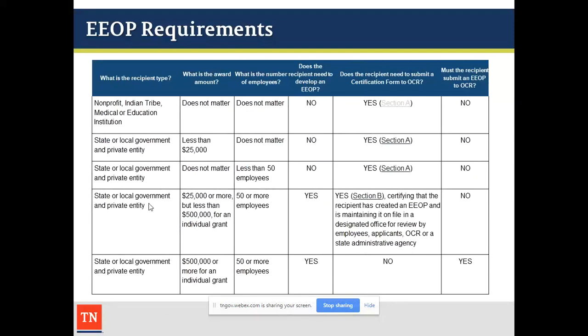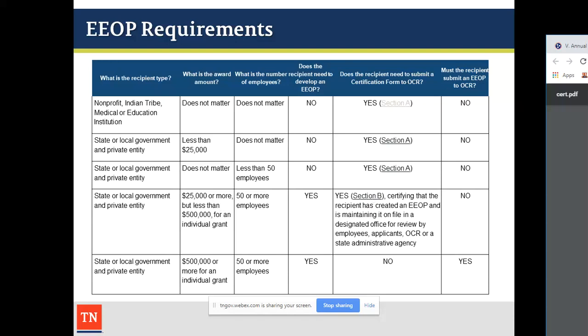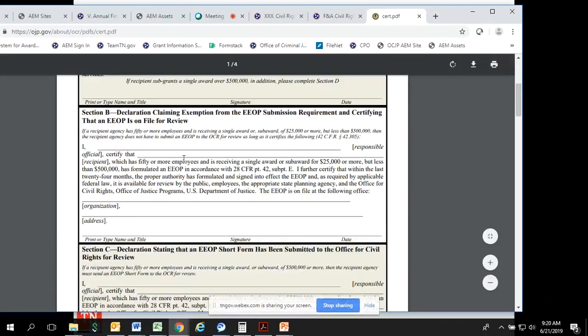If you are a state or local government and you have an award of greater than $25,000 but less than $500,000, and you have 50 or more employees, then you're going to have to develop an EEOP. However, you will not submit it to OCR. What you will do is fill out Section B of this form, and this declares that you have an EEOP on file and ready for review.